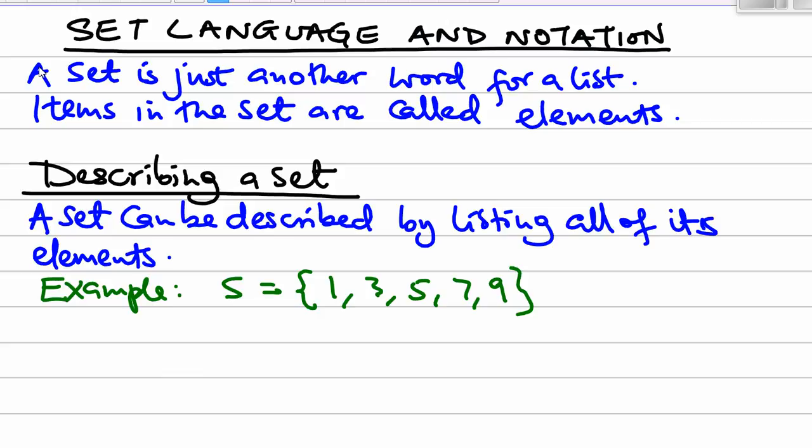And I can write this in words, whatever is meant by this. So this means S is the set whose elements are 1, 3, 5, 7, and 9.